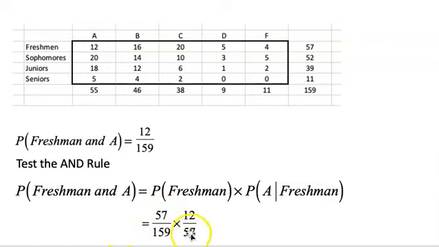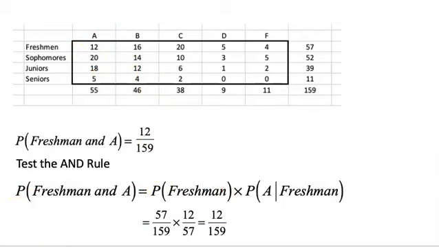The 57s are going to divide out and the result will be 12 out of 159. Is that what we said before? Freshman and A, this cell, 12 out of 159. And indeed, looking at the AND rule, our result is 12 out of 159. So that makes us feel pretty good, the way we read the table agrees with the AND rule.